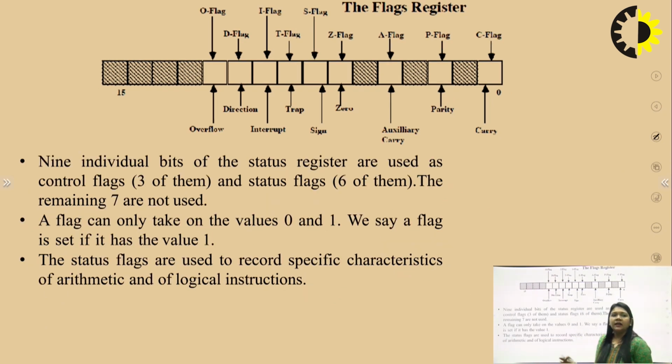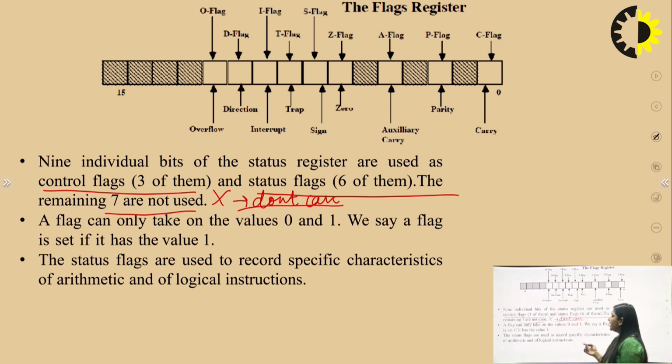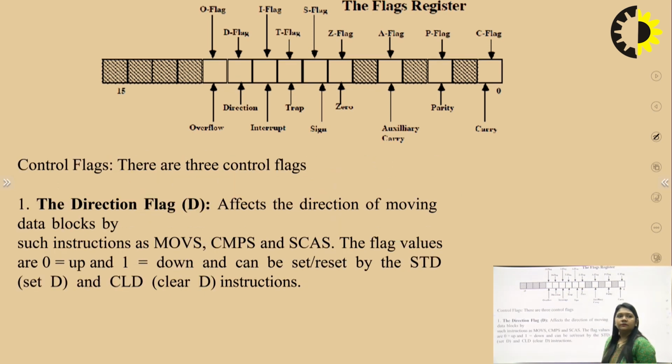So there are 9 individual bits in the flag register. 3 of them are control flags and status flags are 6, and the remaining 7 are not used. We can say they are don't care. We don't care what the bit is at that time. A flag can only have the value 0 or 1. If it is set, it will be 1. If it is reset, it will be 0.